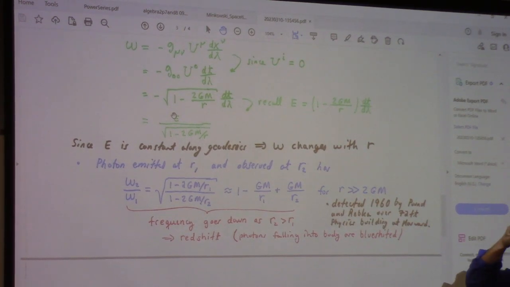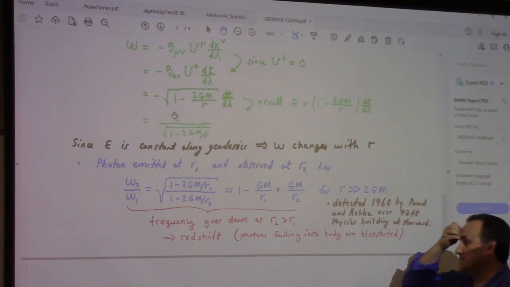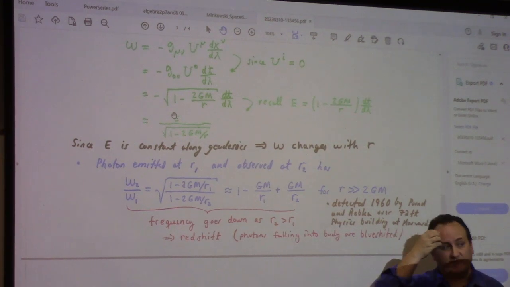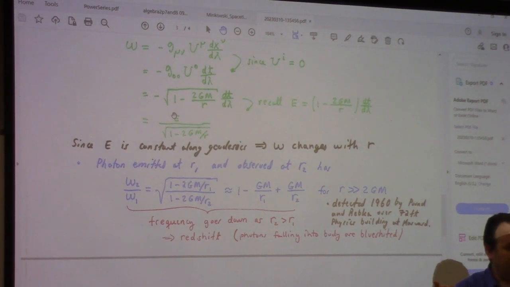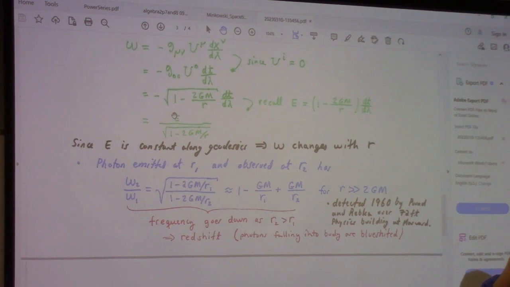So if you're setting up something like GPS, how does GPS work? Do you guys know? It bounces off satellites, right? And it's based on playing games with the specific frequencies of the transmission, up and down.